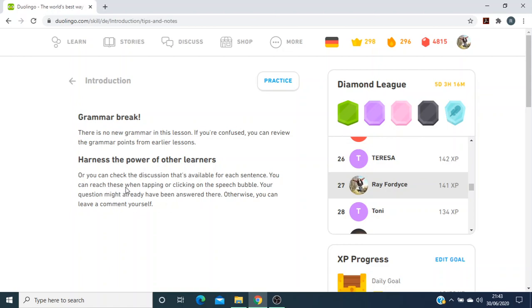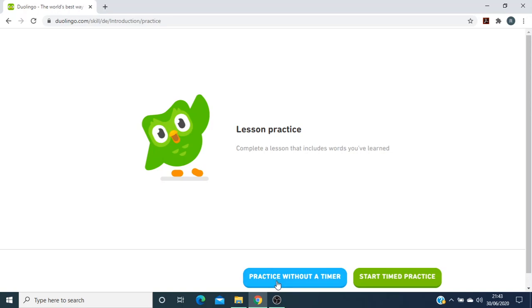You can reach these by tapping or clicking on the speech bubble. Your question might have already been answered there. Otherwise, you can leave a comment. Right, okay, that's good. We're not getting any grammar points for this one, which is fine. We can just crack on with the practice. And we'll practice without a timer.